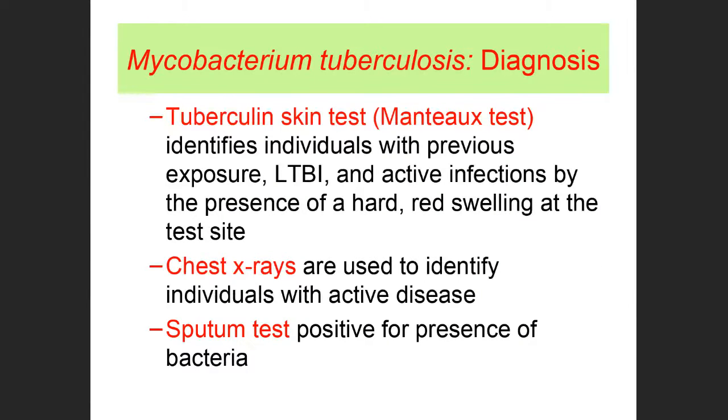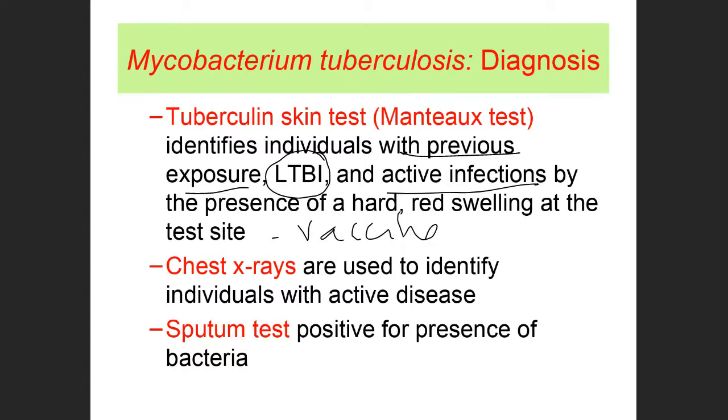The tuberculin test or the Mantoux test essentially identifies antibodies. So it's either telling you that you were previously exposed to the disease, it tells you you may have a latent tuberculosis infection or an active tuberculosis infection for that matter. It could also be positive if you had the vaccine.